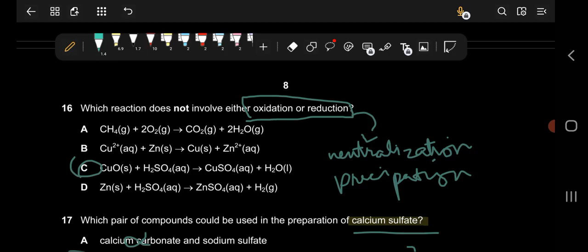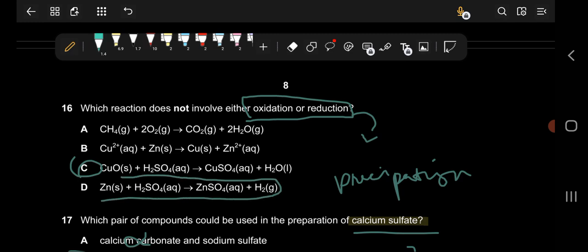Sorry, I guess it's not the neutralization reaction, because over here this reaction is a neutralization reaction, but still, oxidation is happening here, so it's only a precipitation reaction. And this one is also a neutralization reaction, but no oxidation or reduction is occurring here. Oh, no, I'm wrong.